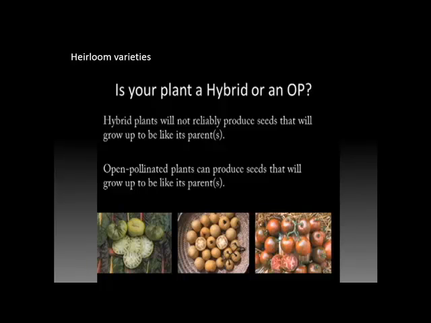So when we talk about saving heirloom varieties or these local varieties of plants, we mean plants that are not hybridized. In other words, open pollinated plants can produce seeds under the correct conditions that grow up to be just like their parents, and this can happen without seed companies carefully controlling the genetics.